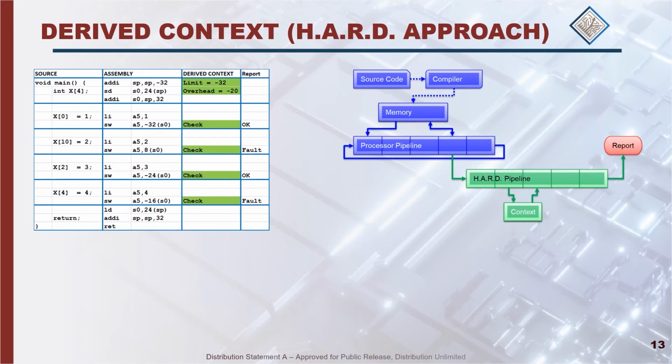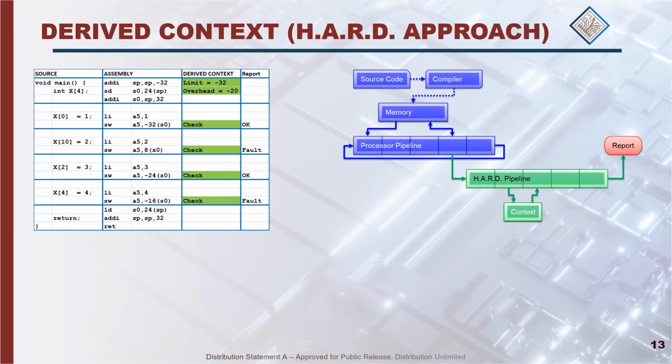So in those first few instructions there, if the HARD pipeline is paying attention, you can see that there are some limits being issued by the actual program itself. So if I have the HARD pipeline watching for that and storing that in its own little separate bit of memory, it can then use that for the stores that are used later on in this particular simple example.